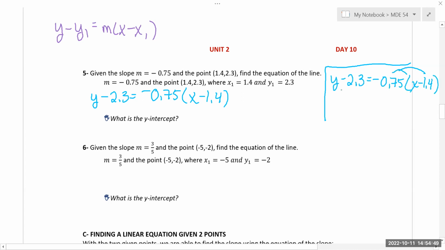Make sure we distribute. And then add 2.3 over.